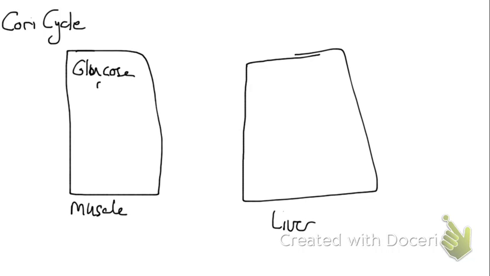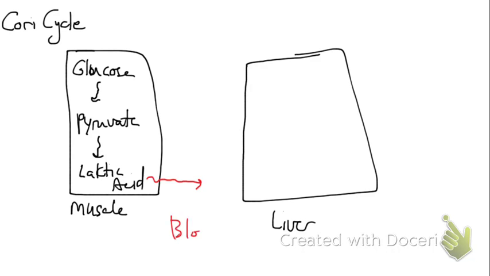Glucose turns into pyruvate through glycolysis. Pyruvate, under anaerobic conditions, so low oxygen conditions in our muscle, turns into lactic acid. This lactic acid is then dumped into our blood. So this is the blood.